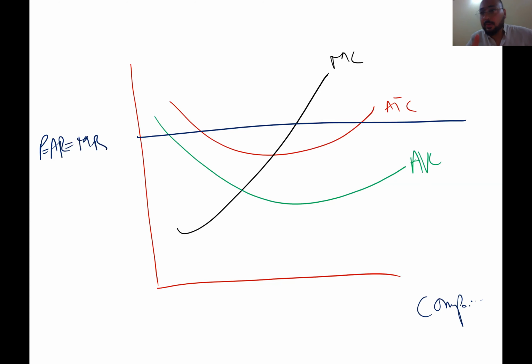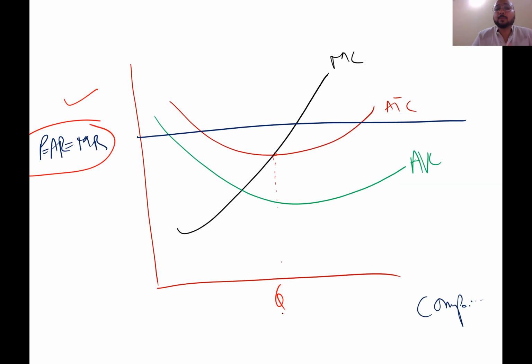So that is the revenue structure of competitive market. So where we need to produce? If we don't have this revenue line here, then we would say that we need to produce where MC is equal to MR here, because it will minimize our cost.